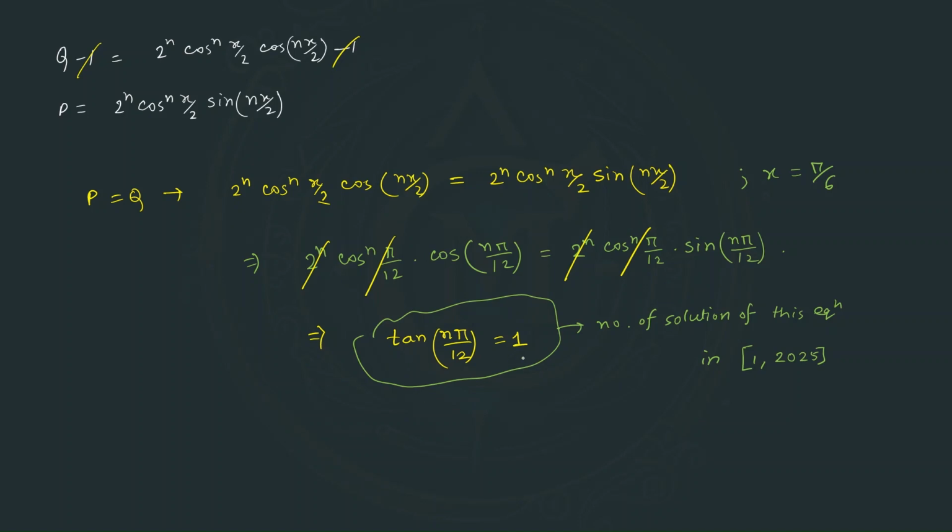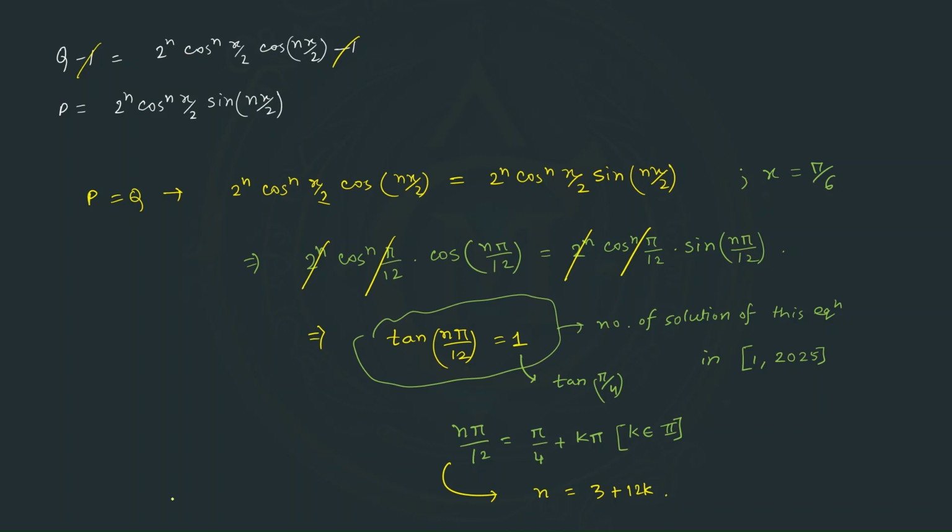That means we can use that this 1 can be written as tan of pi by 4. So this equation is nothing but n pi by 12 is equal to pi by 4 plus k pi, where k is an integer. So we can find the value of n from here. N will be equal to 3 plus 12k.